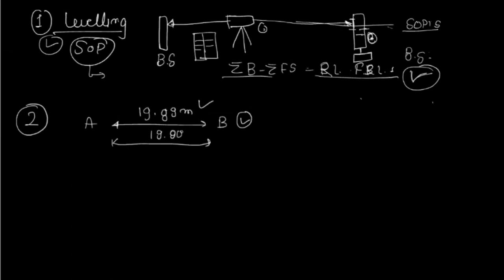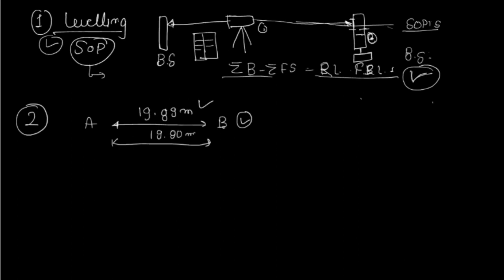If it is 19.90 meter, we can say the variation is acceptable. When we do multiple measurements and they come around 19.89 meter, we say all those measurements are consistent. So not only do we create redundancy in measurement, we also check the consistency between them.